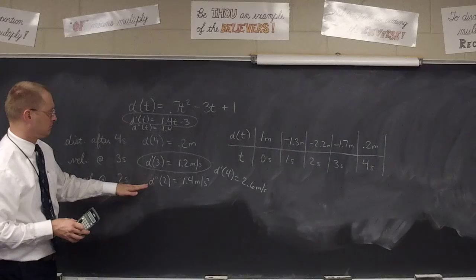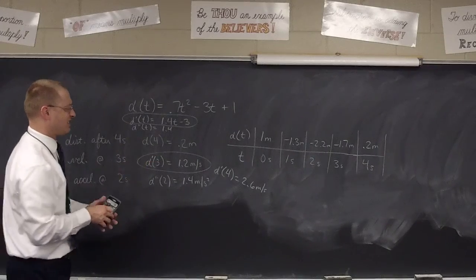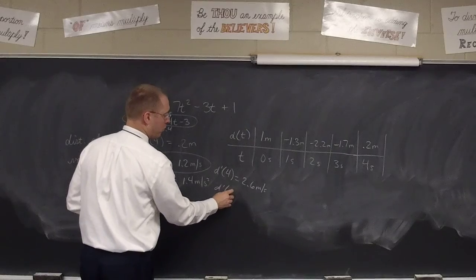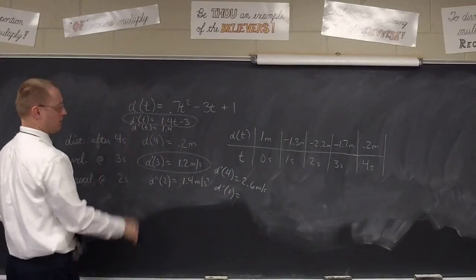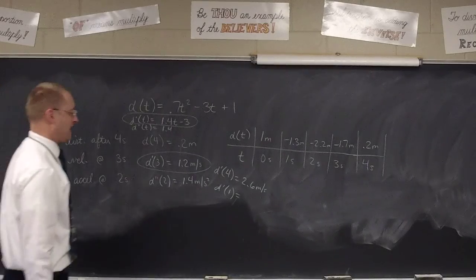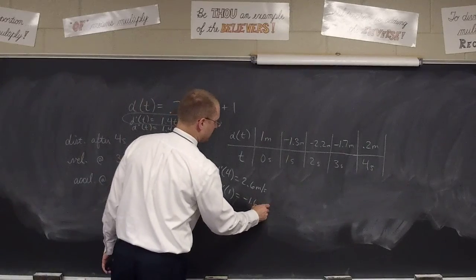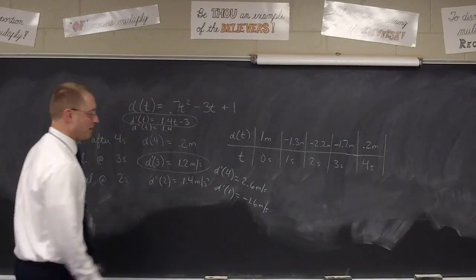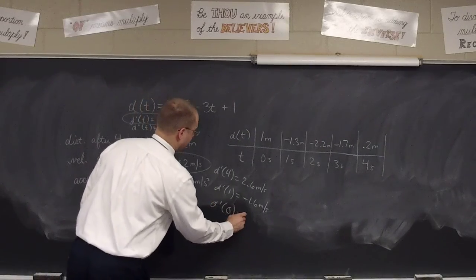How does that reconcile with the velocity? Let's find the velocity at d prime of 1. D prime of 1, it's moving backwards. Negative 1.6. Negative 1.6 meters per second. I mean, technically, d prime of 0, that's an easy one.